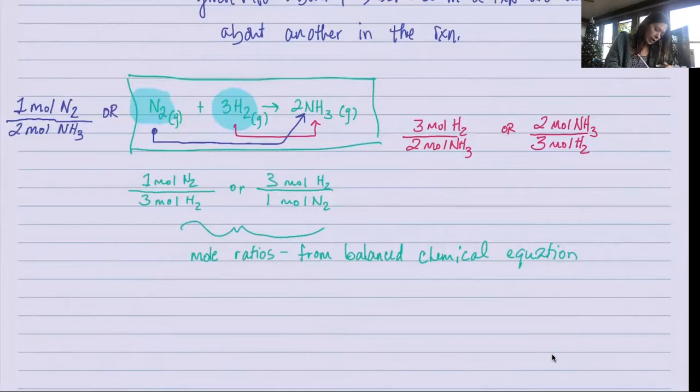Or in order to form 2 moles of ammonia, I need precisely 1 mole of nitrogen. All right? Those are the centerpiece of stoichiometry.